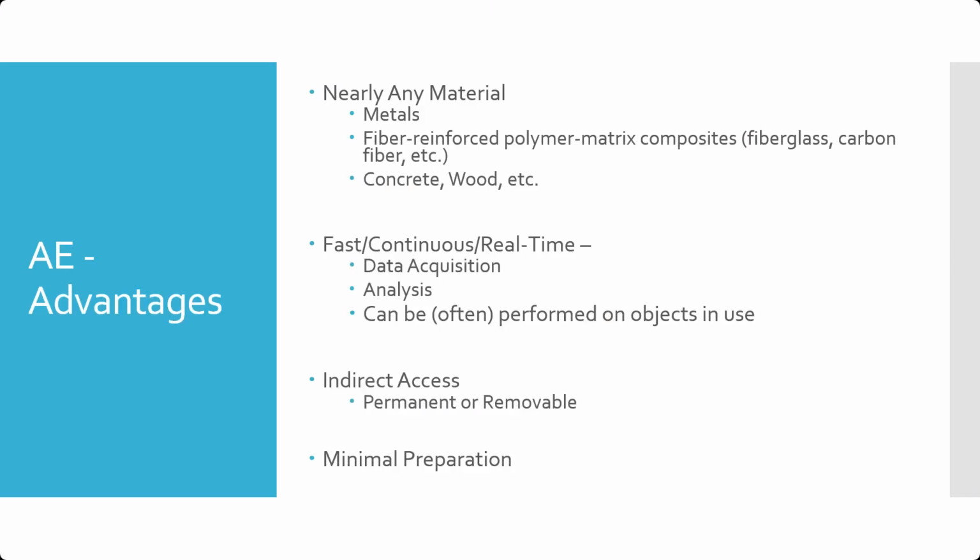Also things like concrete and wood. And so these are used often in the civil engineering and in the transportation sectors for things like structural health monitoring of things like bridges and buildings. And so it's very versatile in that regard.